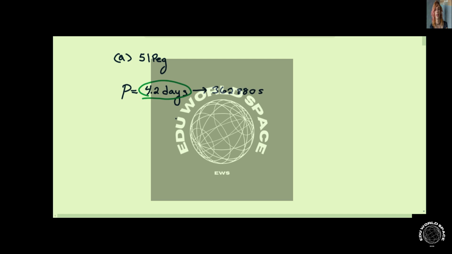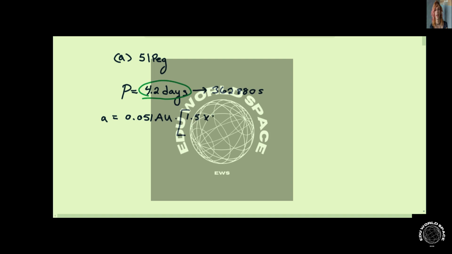Okay. And now we have to convert the semi-major axis from AU to meters. So A equals 0.051 AU. I'll do the conversion here because you might not be familiar with it, which is fine.